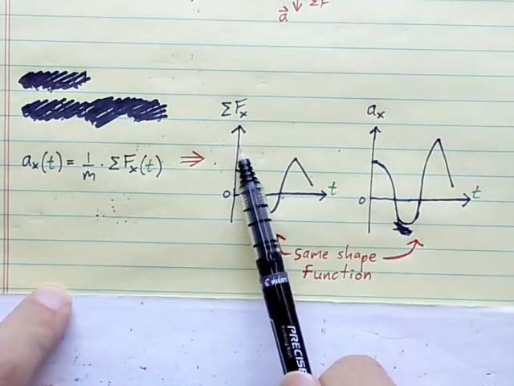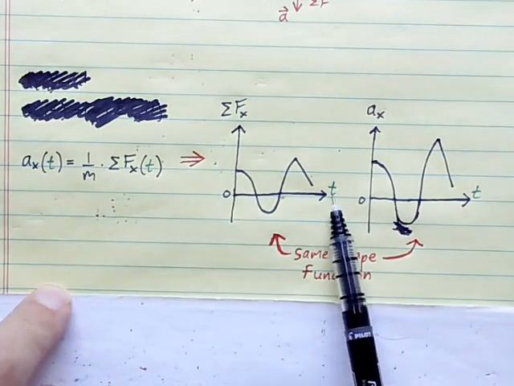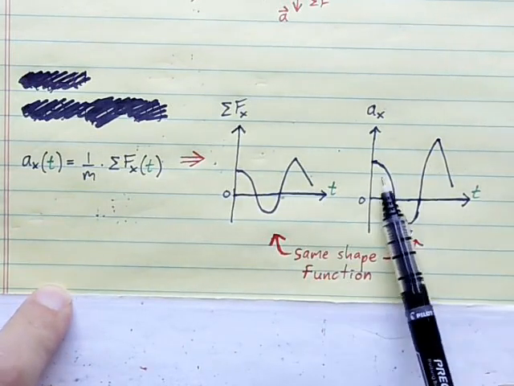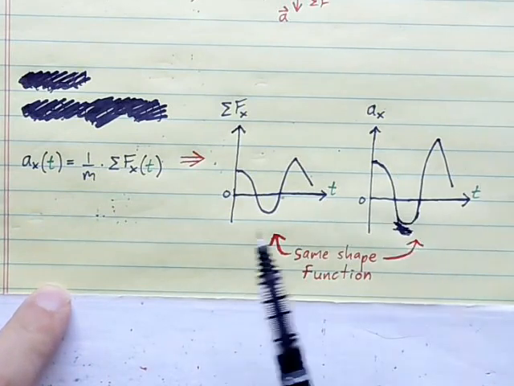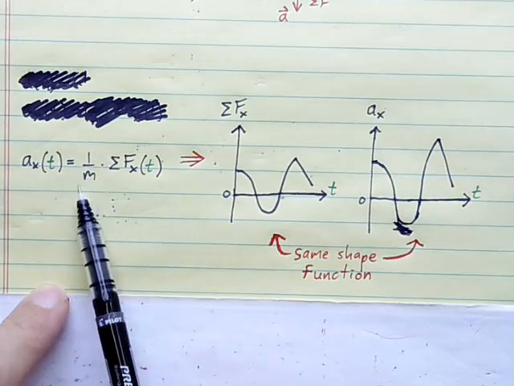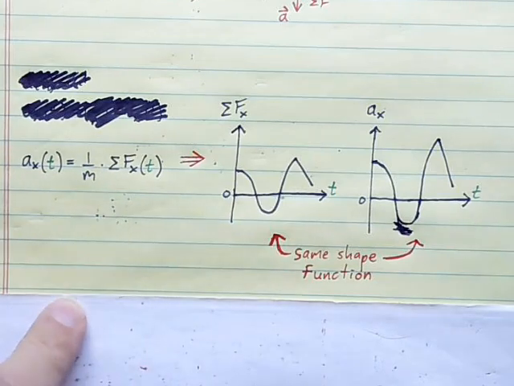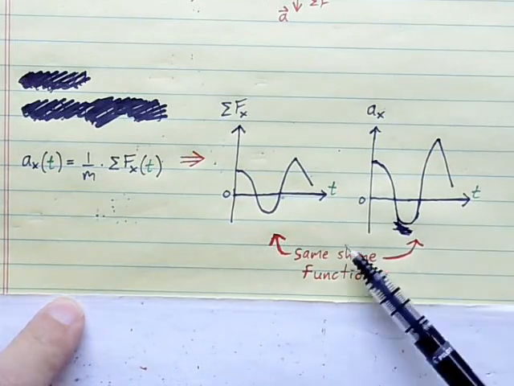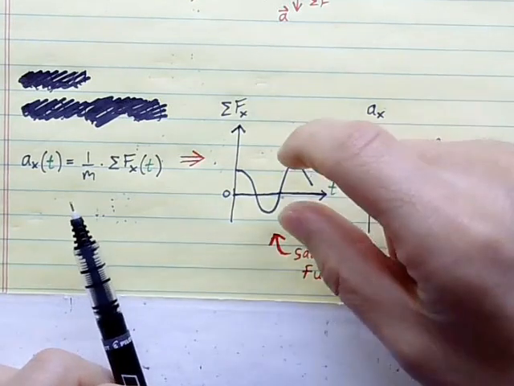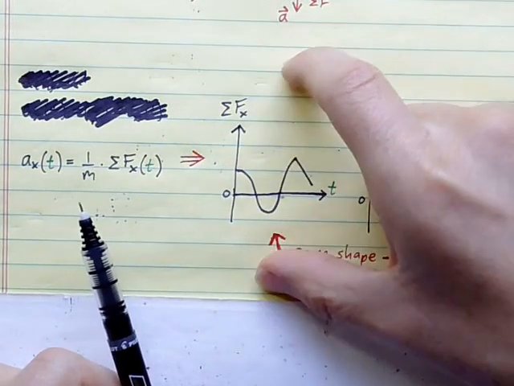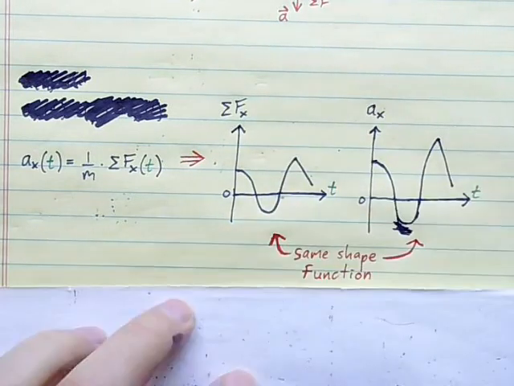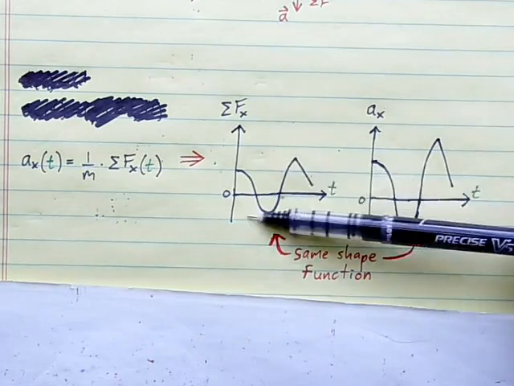Therefore, if you graph the net force on an object versus time and get this function of some time-dependent net force, the acceleration changes along with it. So whatever the force is, the acceleration is the same thing, just scaled by this constant factor here. So these two functions of time will be exactly the same shape, just scaled differently. That 1 over mass factor could sort of take your force function and stretch it or compress it this way, but otherwise there's no change to the shape. So if you know the shape of this function, you know the shape of that function, and vice versa.